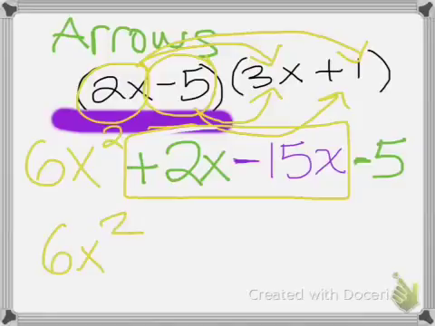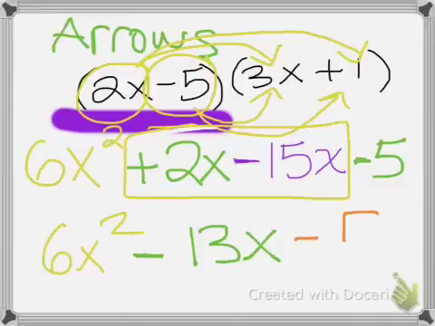So since we have 13 more negatives than we do positives, we're going to get minus 13x and then bring down the negative 5. So this is our final answer right here.